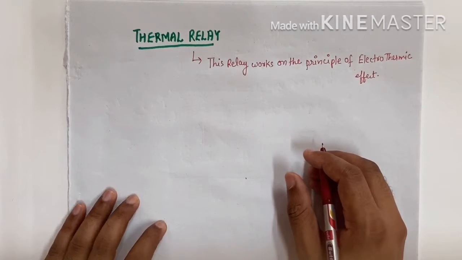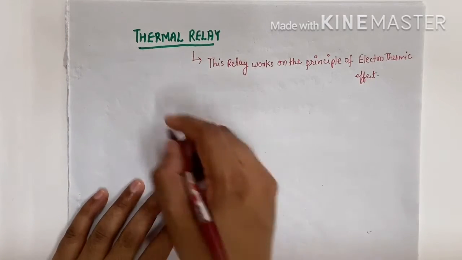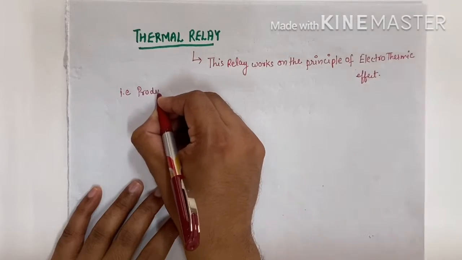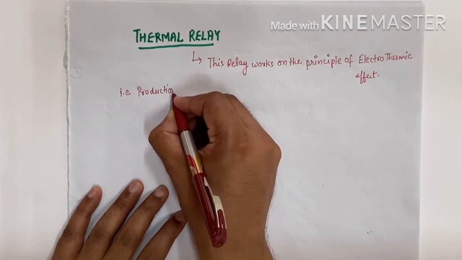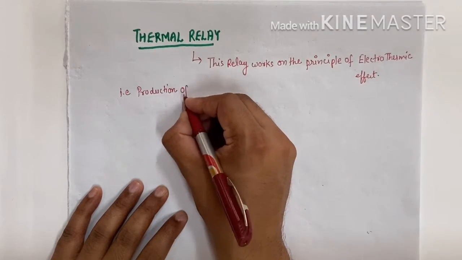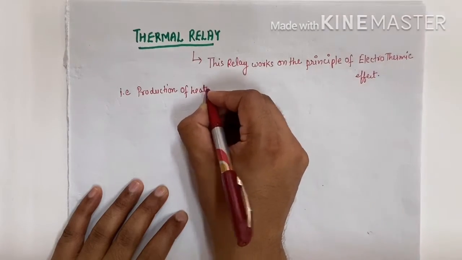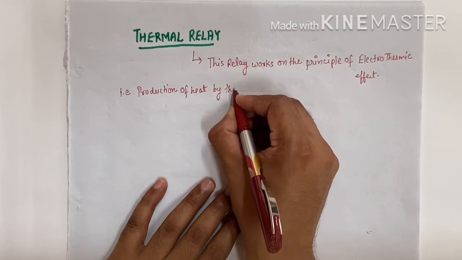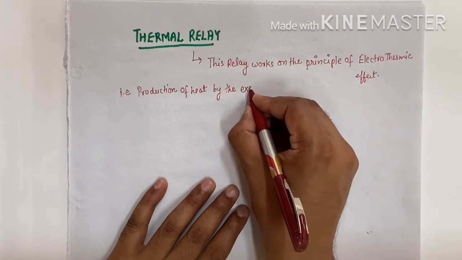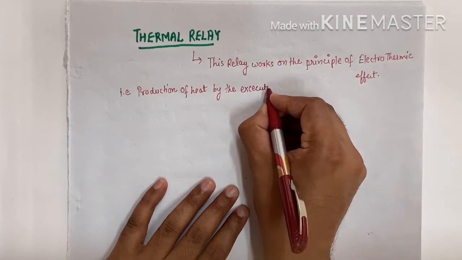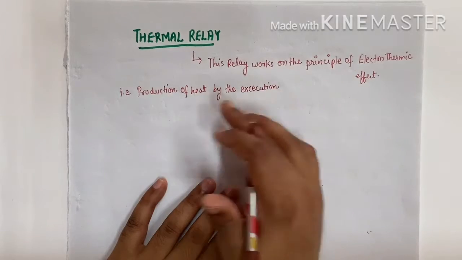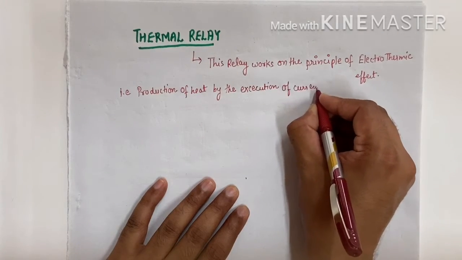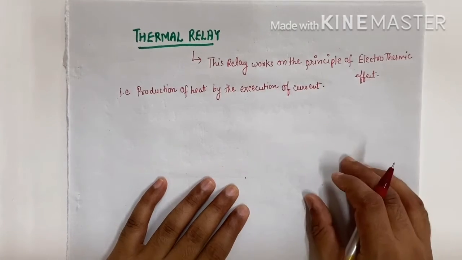Electrothermic means production of heat by the execution of current. So this is the meaning of electrothermic effect. You have to remember that production of heat by the execution of current. So this relay works on the principle of electrothermic effect.